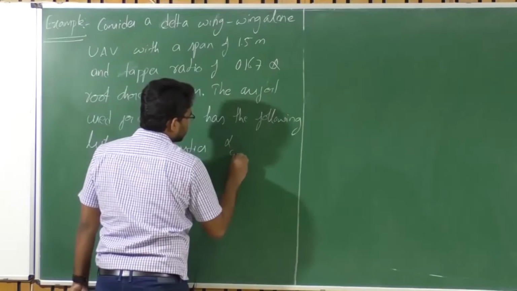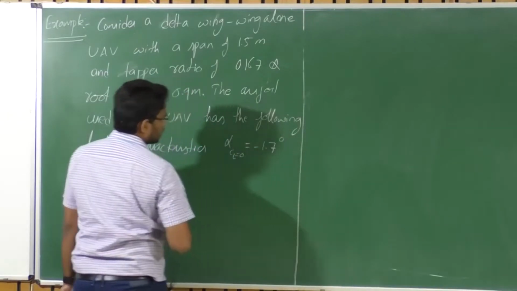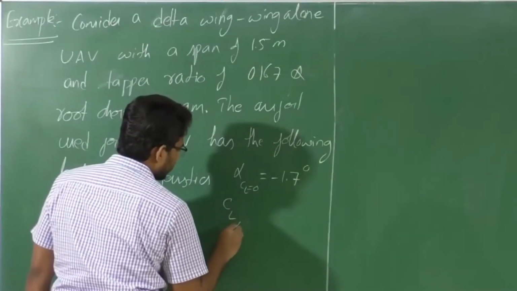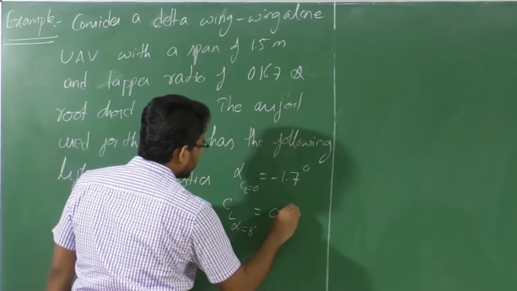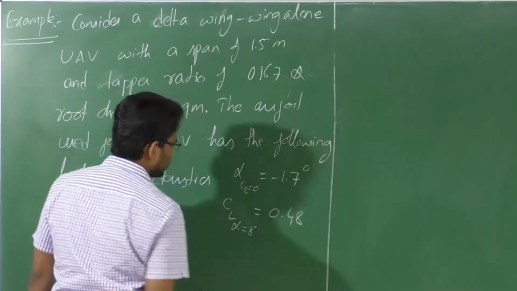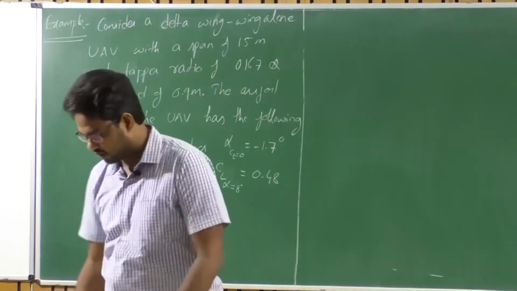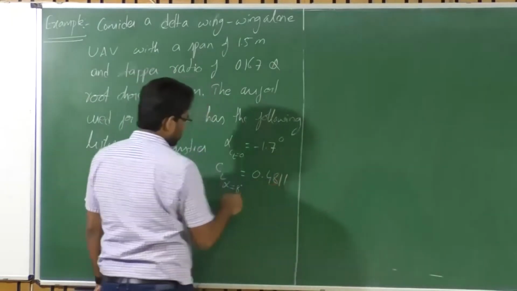Alpha at CL equals 0 is minus 1.7 degrees, and CL at alpha equals 8 degrees is 0.48. This is the data that we have, let us say, at 8 degrees.